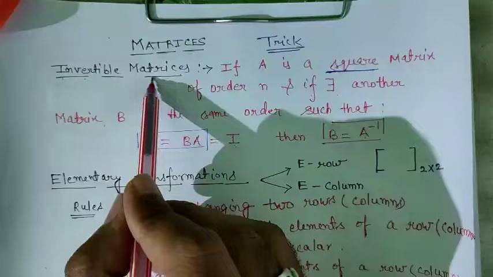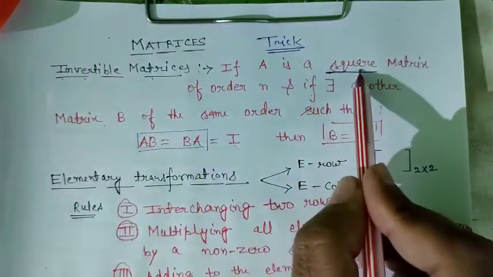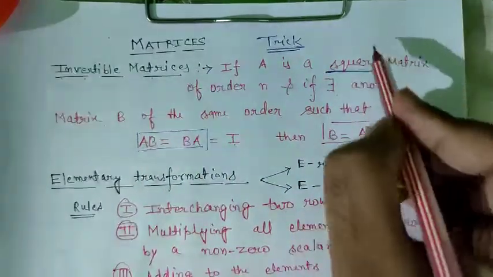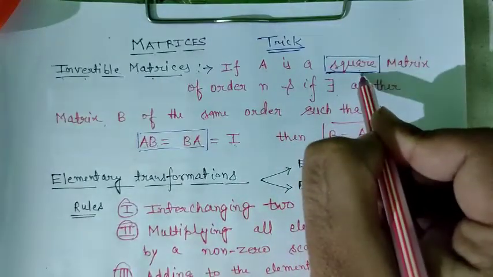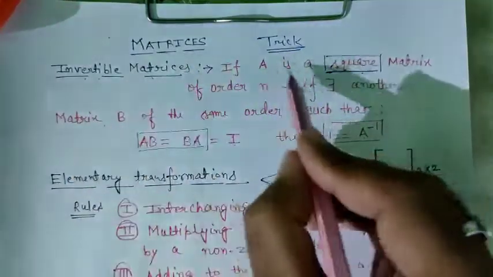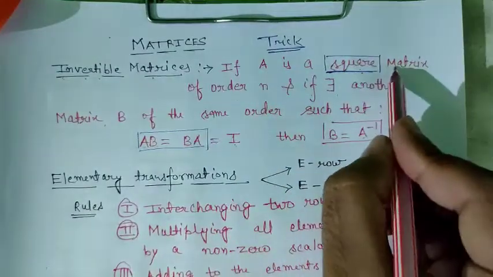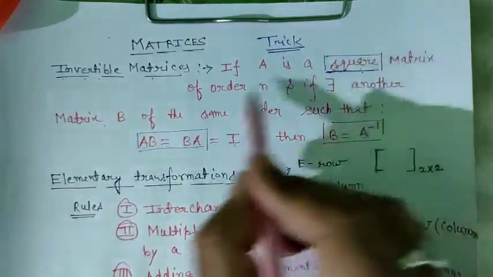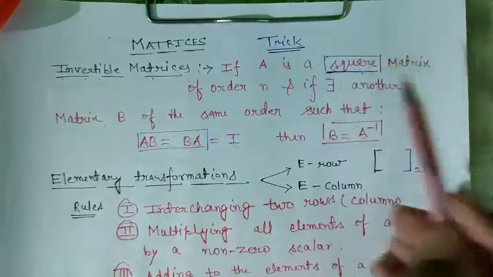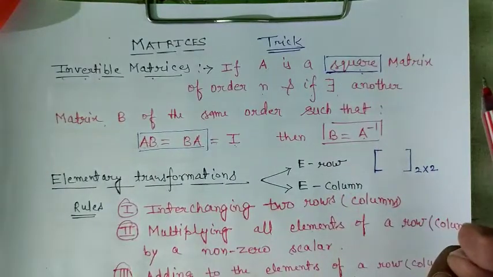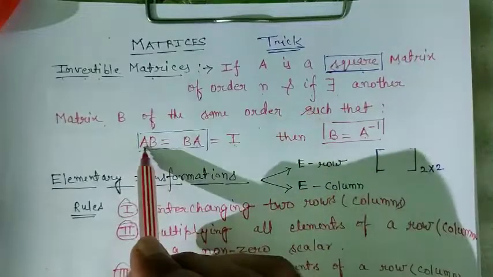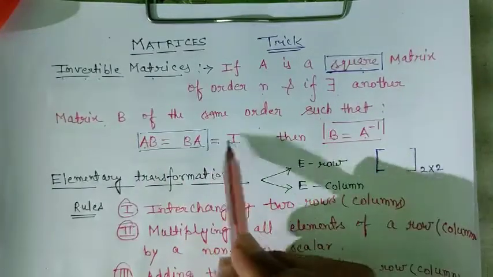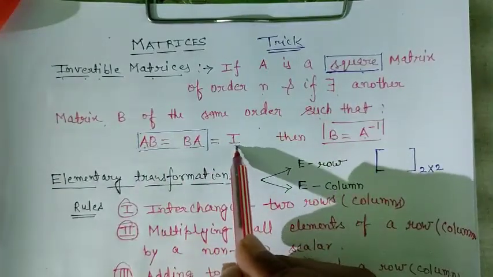Invertible matrix. If A is a square matrix, then only will we be able to find the inverse. If A is a square matrix of order n, then there exists another matrix B of the same order such that AB equals BA equals I, the identity matrix.